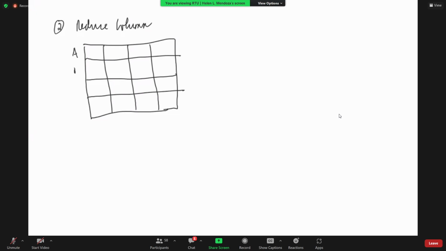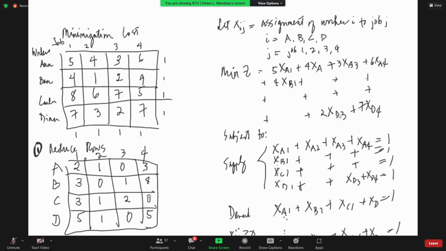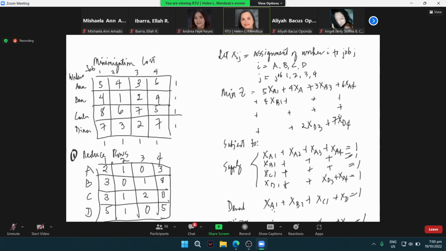So, A, B, C, D, 1, 2, 3, 4. So, ito yung job, ito yung worker. So, since hindi ko siya kabisado, babalik muna ako sa kabila. So, kung titignan nyo, sa column 2, tsaka column 3, tsaka column 4, lahat sila meron ng 0. So, kukopyahin mo lang sila.